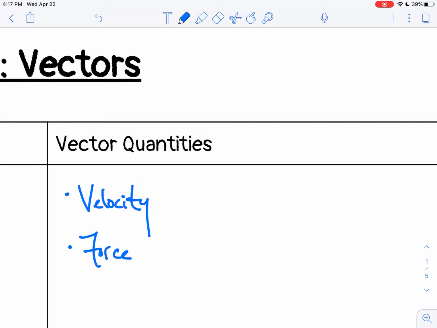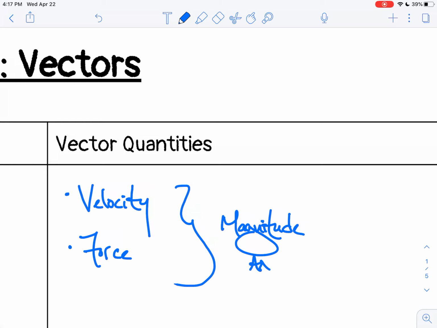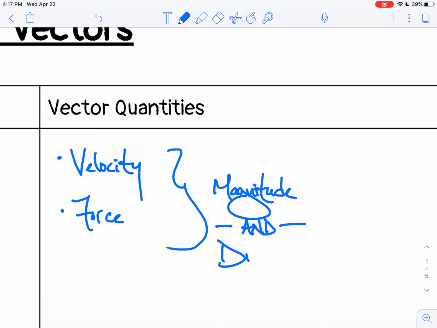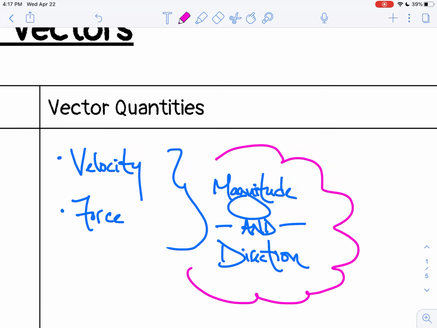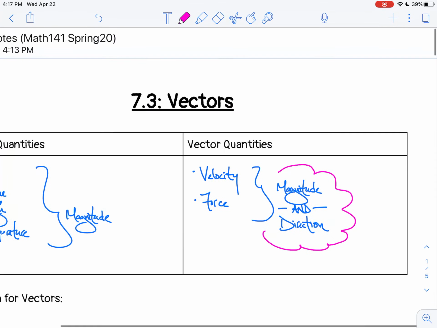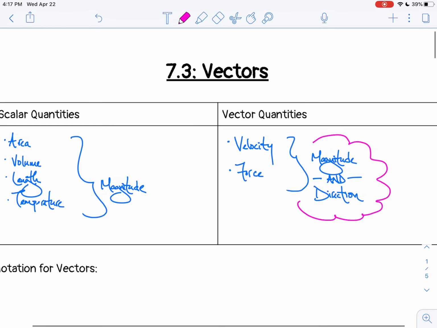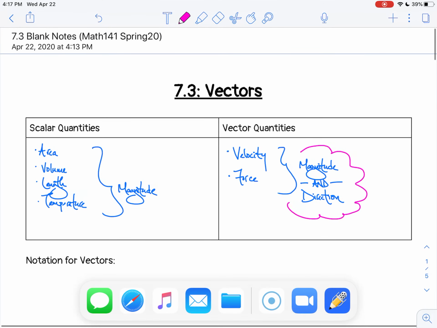And what's different about velocity and force from the other measurements we just saw is that these have magnitude, so they have an amount, and they have direction. Okay, so magnitude and direction. That's what makes a vector quantity different from a scalar quantity.